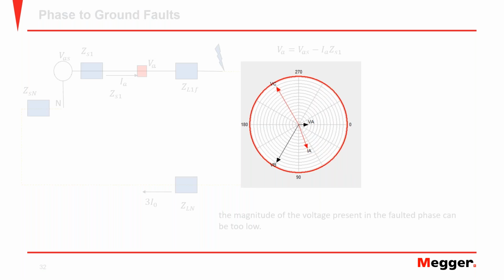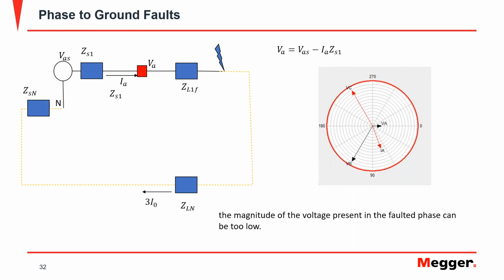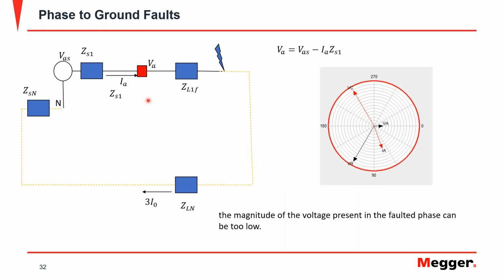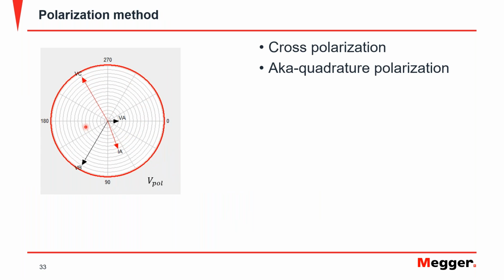Fortunately for us, we have the help of the other two phases, because yes, the voltage in this phase is low, but since we were talking about a single phase fault, the other two phases were not affected by the fault, and therefore we can use the voltage of either of those phases, or even better, the line voltage between those two phases.